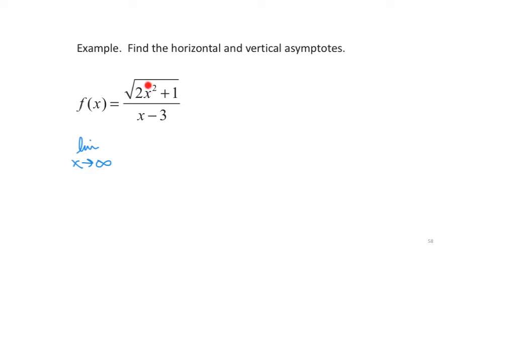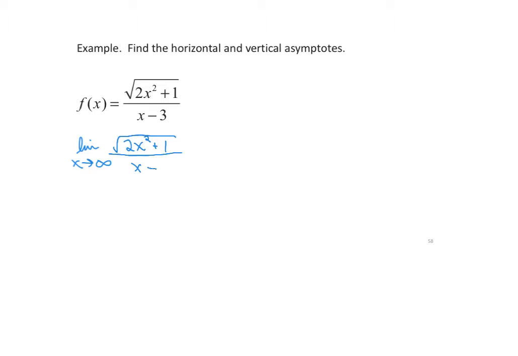Even though I can't take the square root of each of these terms, that's an algebraic no-no, I have to think of the highest power of x as being x to the first power, because in a way these x squareds are being undone by the square root, by the raising to the 1/2 power.